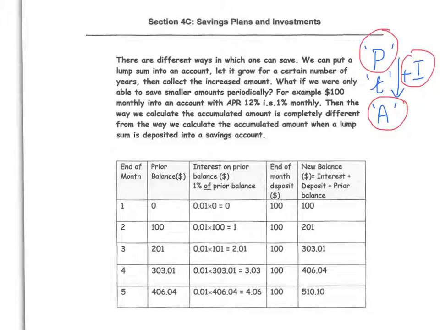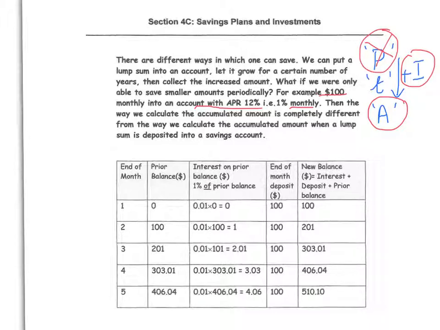What if we didn't have a big amount of money to put into our account? What if we had only small amounts of money that we can afford to put into an account periodically? And periodically would mean every month or every 3 months or every 4 months or every 6 months. So for every, let's say, month, if we were able to put $100 into an account that earns compound interest with an APR, annual percentage rate, of 12%, and if it is compounded monthly, then how do we calculate the interest?